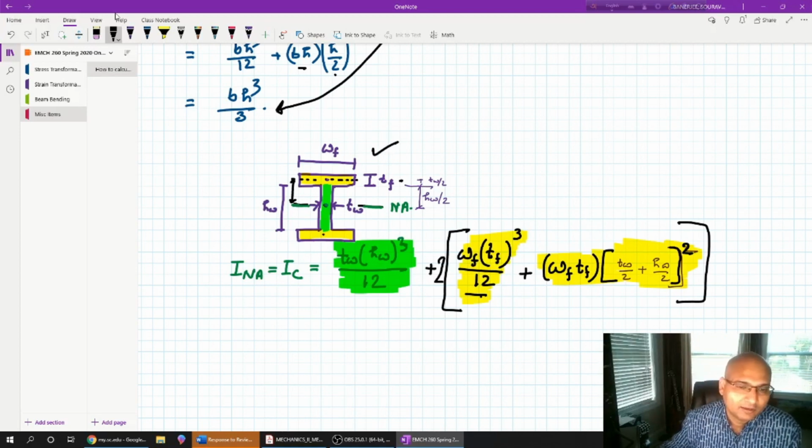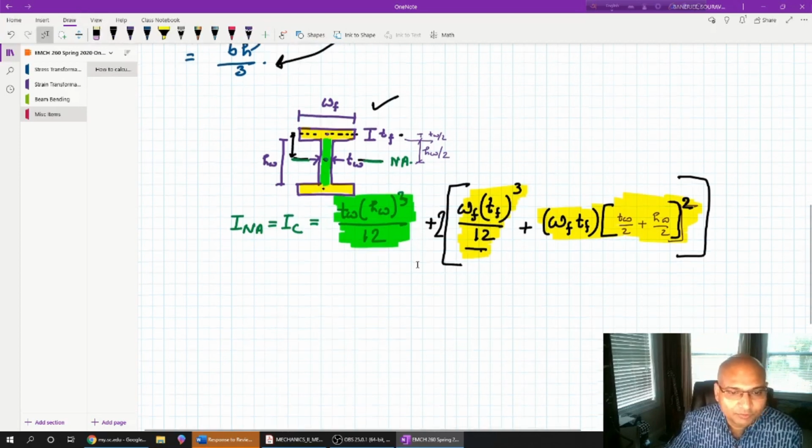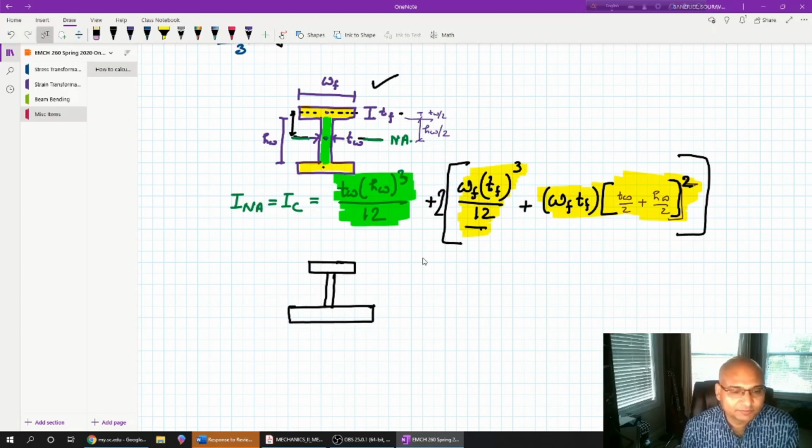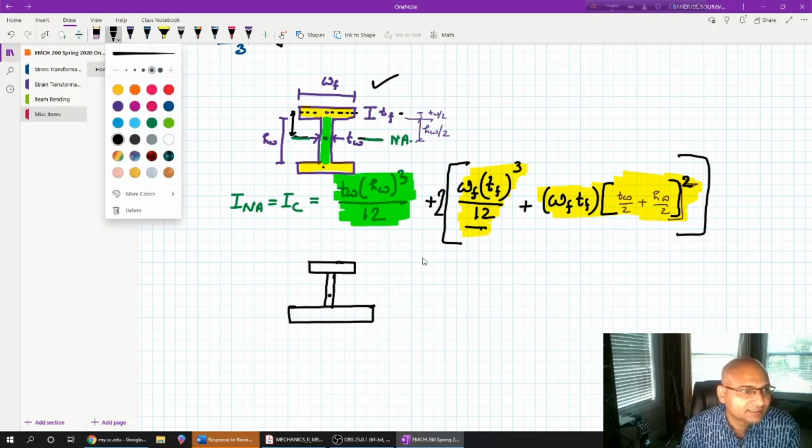Now I am not going to discuss this in this video, but if you have an I section which is not symmetric, maybe where the bottom flange is much bigger than the smaller top flange, then it is obvious that the center of area is somewhere lower here.